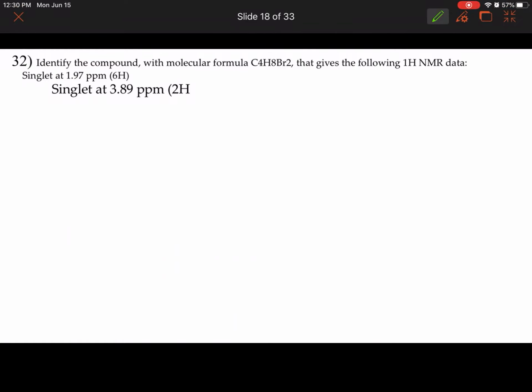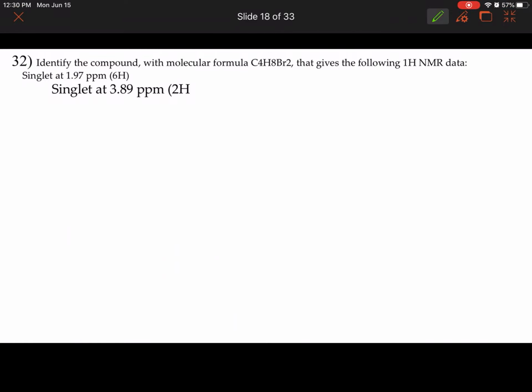Number 32. Identify the compound with molecular formula C4H8Br2 that gives the following proton NMR data. We are given 2 sets of information. A singlet at 1.97 ppm, 6 hydrogen singlet, and then another singlet at 3.89 ppm.